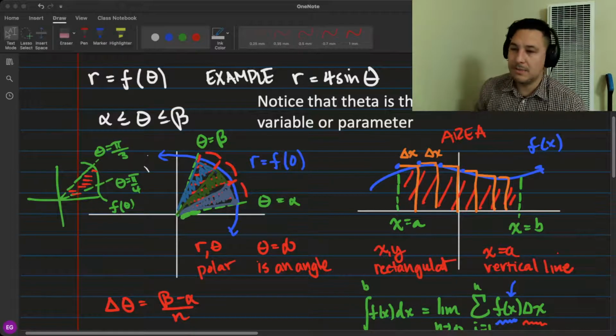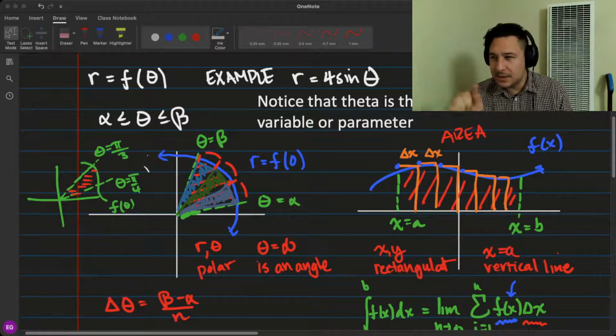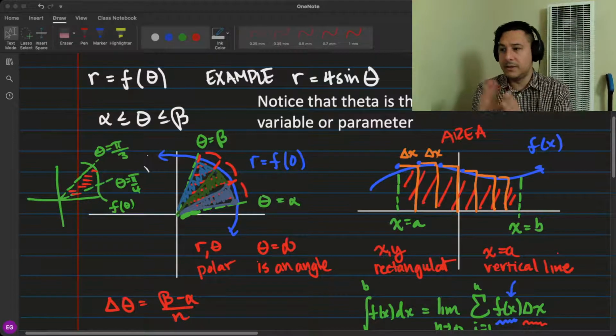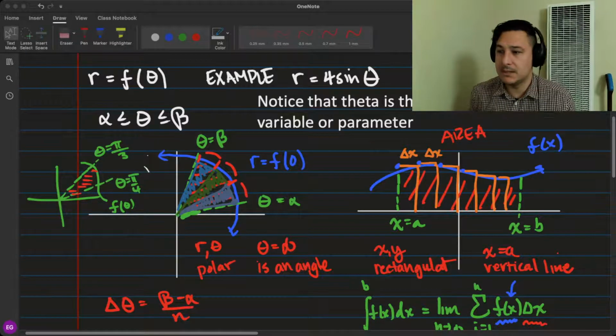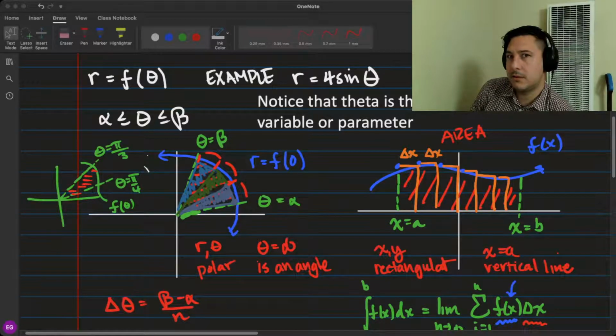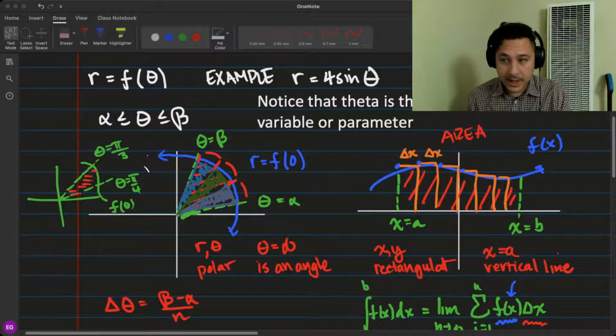I think I was calling them pizza slices the other day. Does everyone see the little pizza slices in the polar graph? They're the equivalent of the rectangular pieces to estimate the area. Okay, so is this reminding everyone of what we did last time, hopefully? Okay, so we need to keep going.